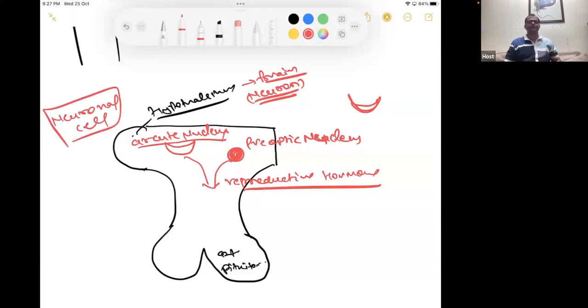Option number one: remember the hypothalamus secreting reproductive hormone. Done, over, finish. कि hypothalamus reproductive hormone बनाता है. Option number two: the arcuate nucleus and the pre-optic nucleus in the hypothalamus making this hormone, right?